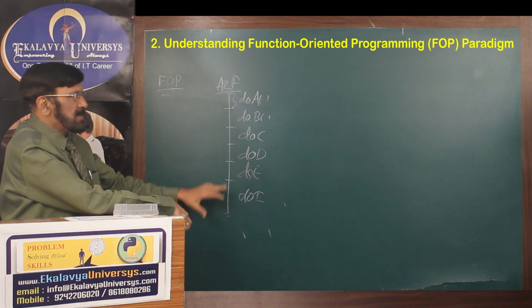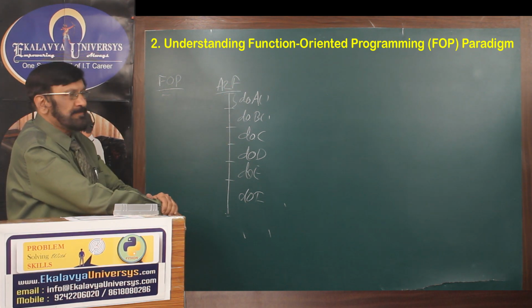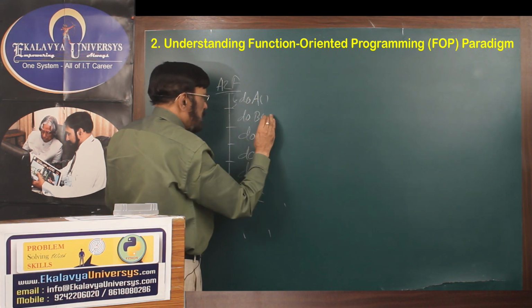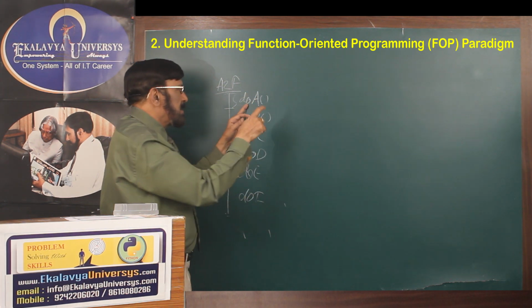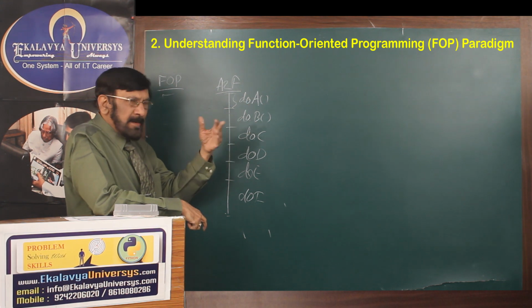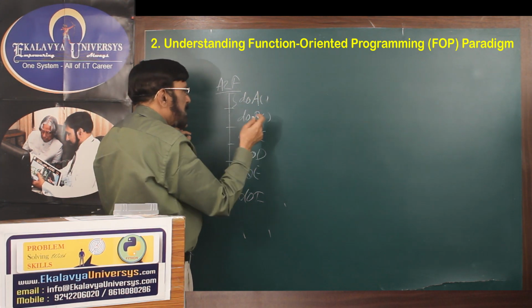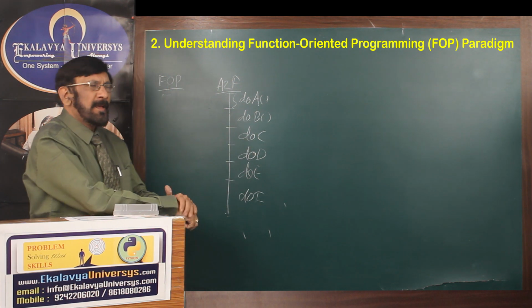These are subtasks. In this, 6 subtasks are there. And actually, in programming, in order to represent a function, one name is there, and the name represents what it is doing, and a pair of brackets is there. It indicates a function.